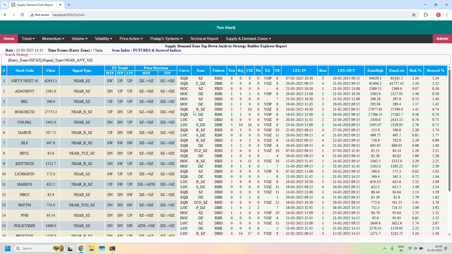Let us identify high liquidity 75 minutes supply zones from this list. Bullish is having a 75 minutes high liquidity supply zone, already tested 7 times. Several times the prices are within the zone. Interesting.